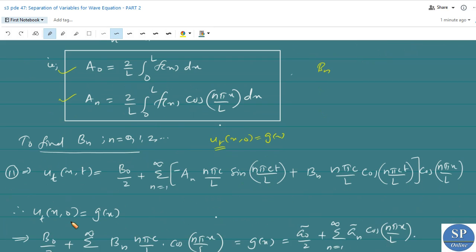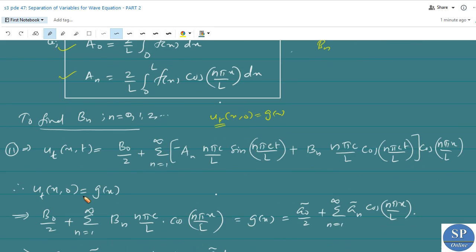Now we can apply the second initial condition, which is u_t(x,0) equal to g(x). When t equals 0, the sine term is equal to 0 and the cosine term will be 1. So we have B_0/2 plus the summation n from 1 to infinity B_n nπc/L cos(nπx/L), right? cos(nπct/L) will be 1 when t equals 0.